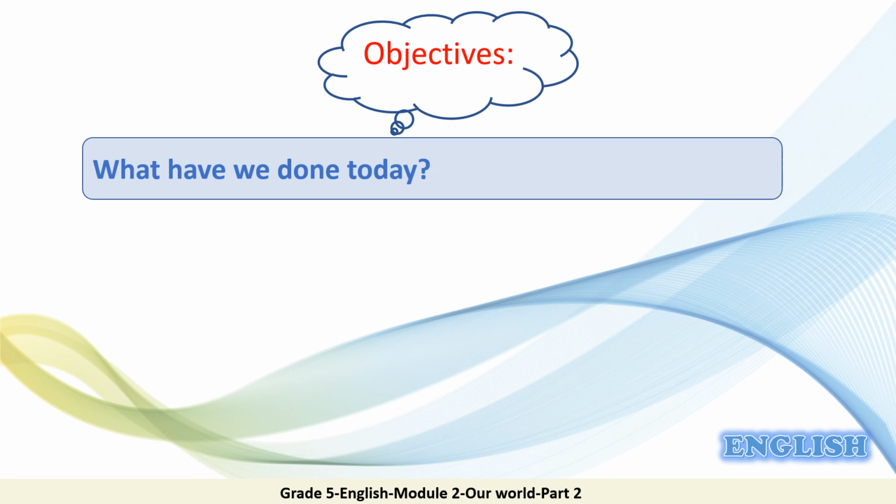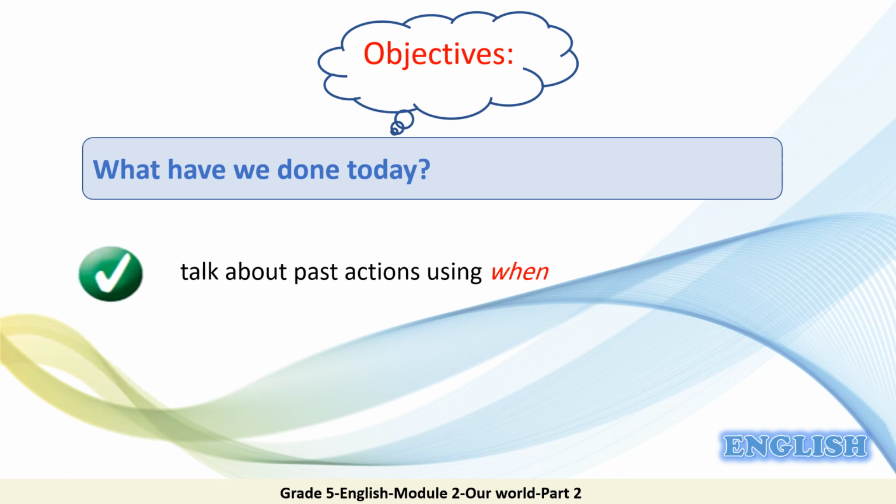We reached the end of the lesson. Can you tell me what we have done today? Excellent. We have talked about past actions using when. We could successfully use when to show specific time and order of actions. We learned that the action that was completed first always follows the time expression when.